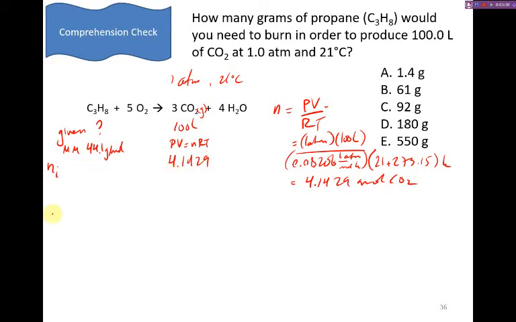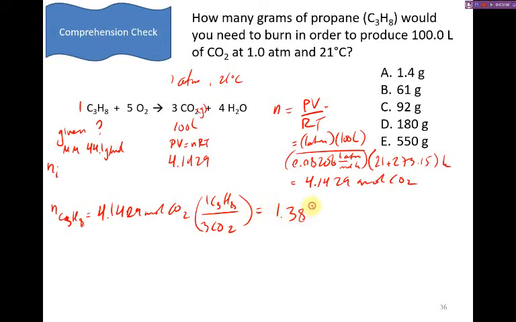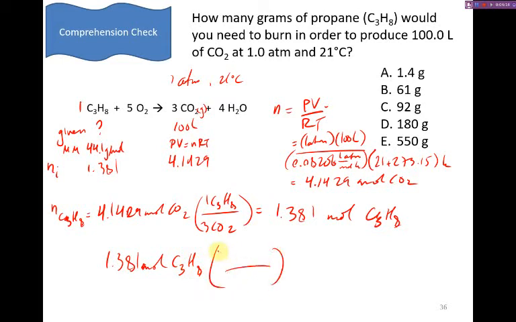Which means when we use the stoichiometry, that's going to be equal to the 4.1429 moles of CO2, and then accounting for the ratio of 3 CO2 for every 1 propane, which is 1.381 moles. To find the mass of propane, we need to use the molar mass. And that's going to be equal to 61 grams.